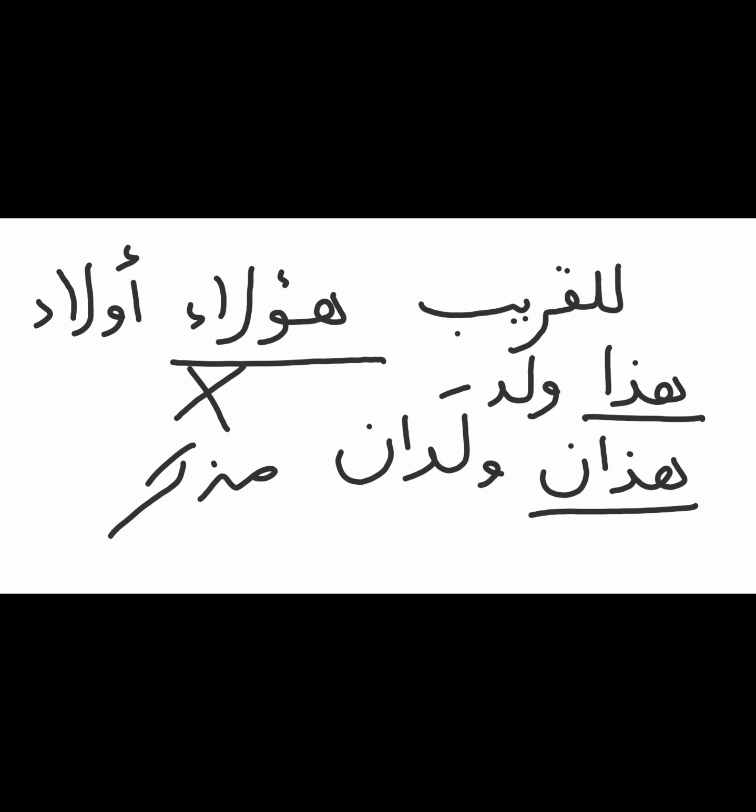Now let's move to مؤنث. أسماء الإشارة للقريب. Previously also I wrote for قريب. لكن now I'm writing للمؤنث after I wrote للمذكر. Now للمؤنث I'm going to say هذه. I wrote ولد previously. Now هذه بنت.